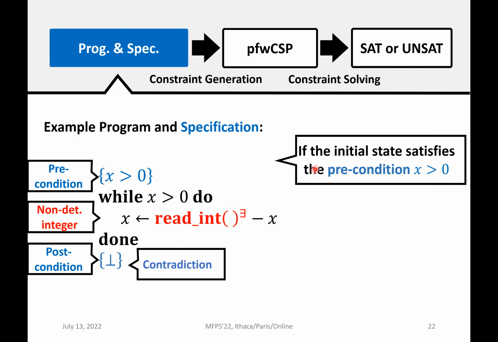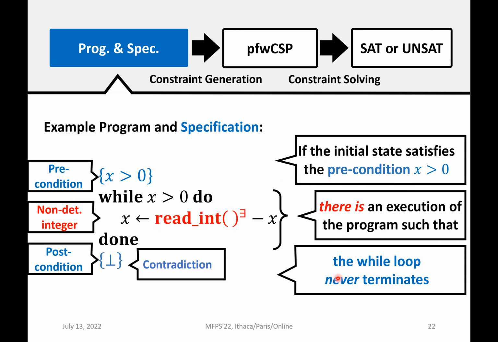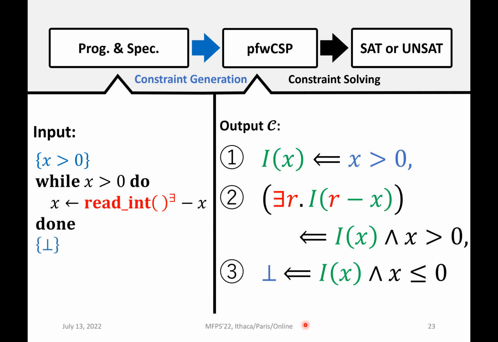In other words, if the initial state satisfies the precondition, we want to verify there is an execution of the program such that the while loop never terminates. This problem can be reduced to a constraint solving problem consisting of these three clauses.